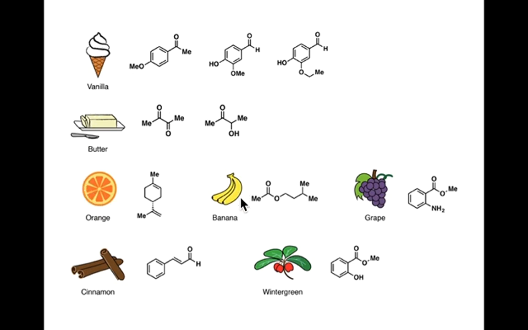So vanilla, orange, banana, wintergreen. So it's kind of cool. You mix together a carboxylic acid and an alcohol. You heat it up, put in a catalyst of sulfuric acid, heat it for about 10-15 minutes, and it will begin to give off these fragrances. Sorry you weren't able to do that. Perhaps next year in IB Chem 2.